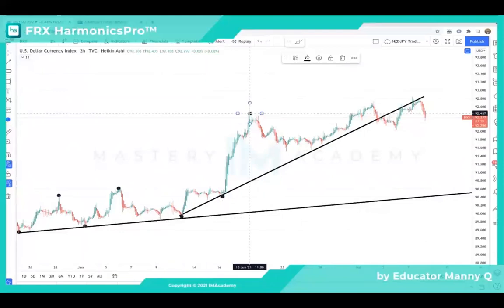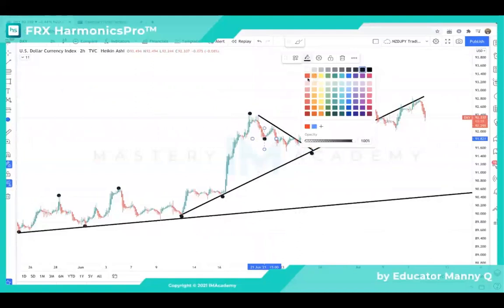Now we can see that eventually the market pulled back down, creating a higher low, and then the market continued to push up to create a new higher high in the market. But for a short period of time, what we can see right over here, let's make this red, the market over here started to reverse the market structure.